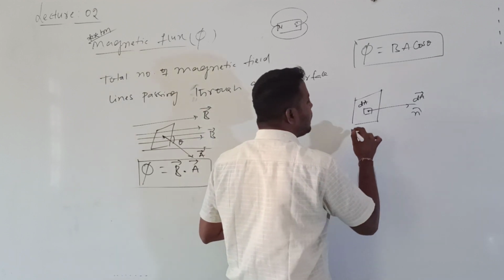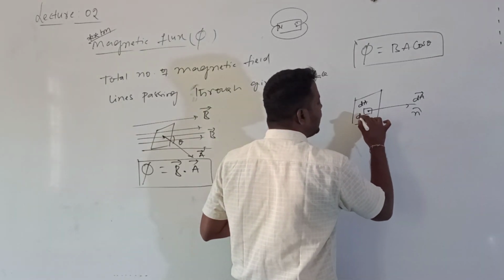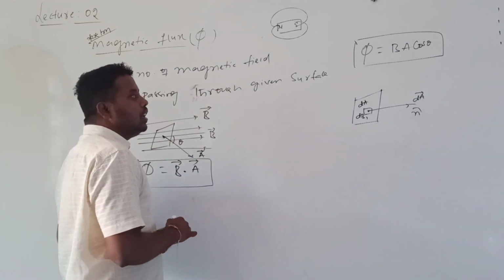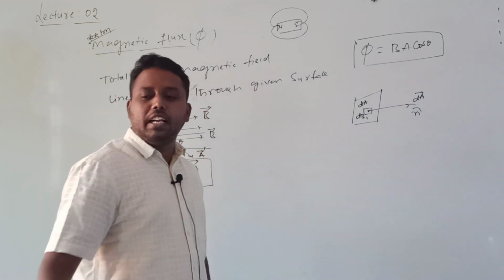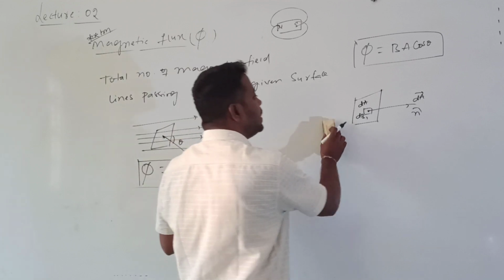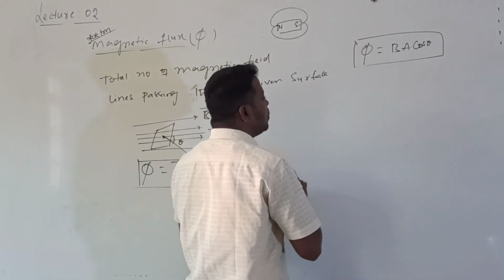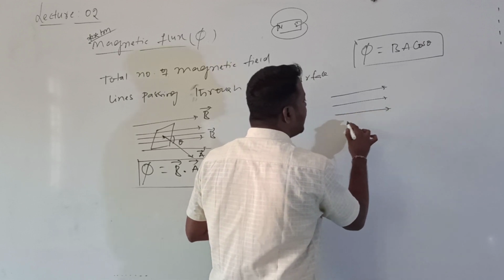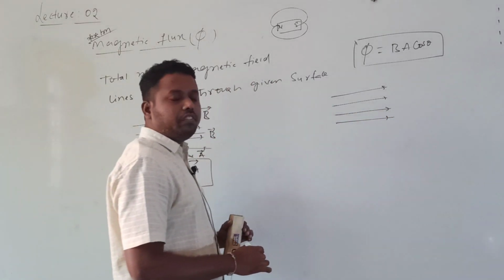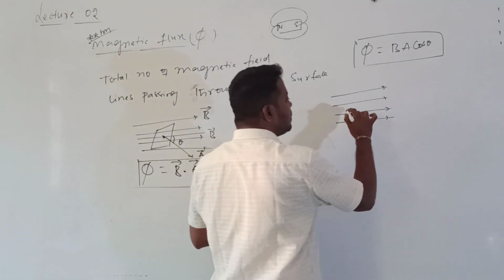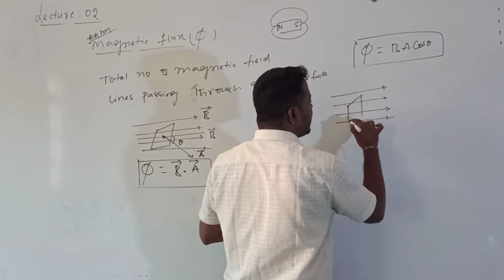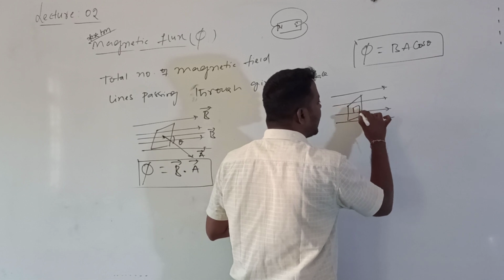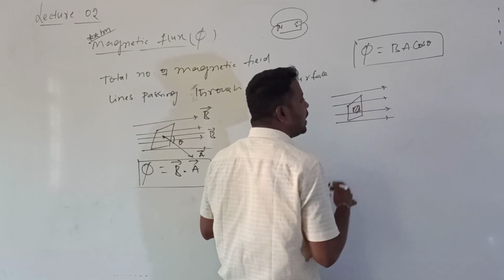For example, the magnetic field value is different at different places. Before this, let me tell you, once again I am considering the uniform magnetic field only. In this uniform magnetic field, out of the total area, let me consider a small area.